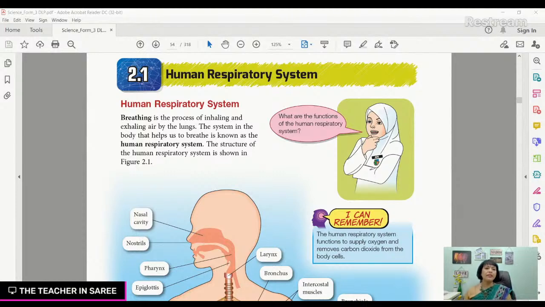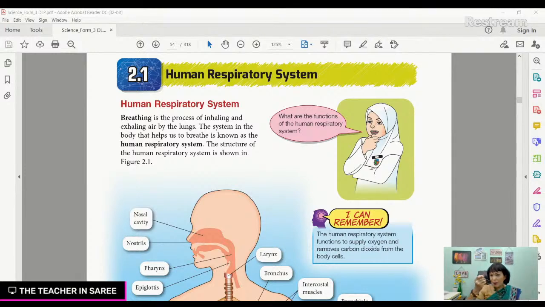Okay, then after that, the human respiratory system is also responsible to get rid of the byproduct. So what is the byproduct of our respiration? We needed oxygen. What is the byproduct? Can anyone tell me? What is the byproduct?